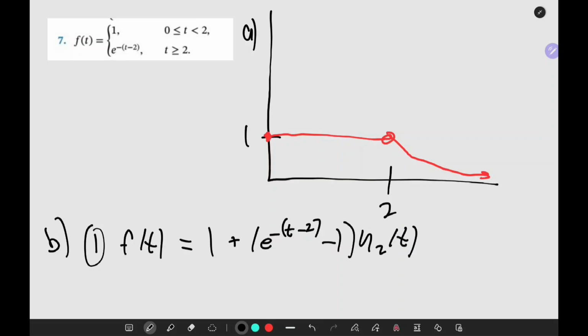I don't know if I explained that well. But it kind of makes sense because it's a weird graph, right? It's not a straight line. It's a curve, but it's approaching 0. So it's going towards 0. So that's why you subtract 1 from it.